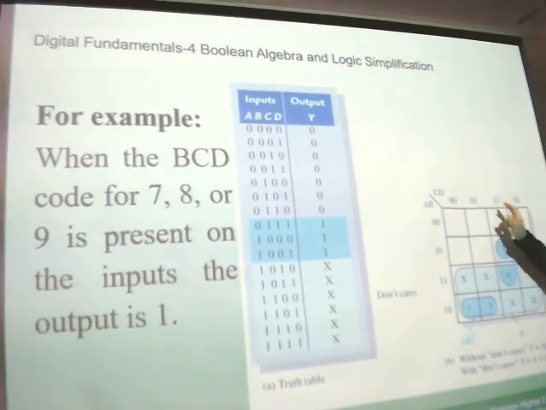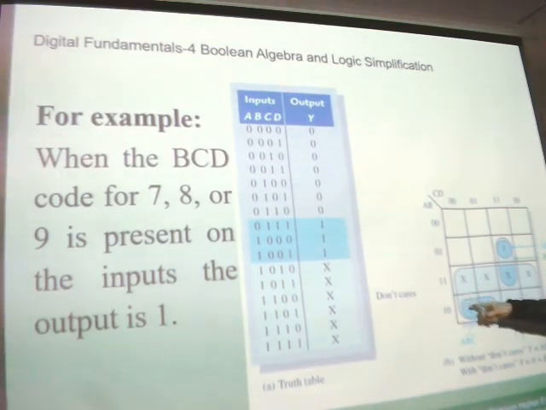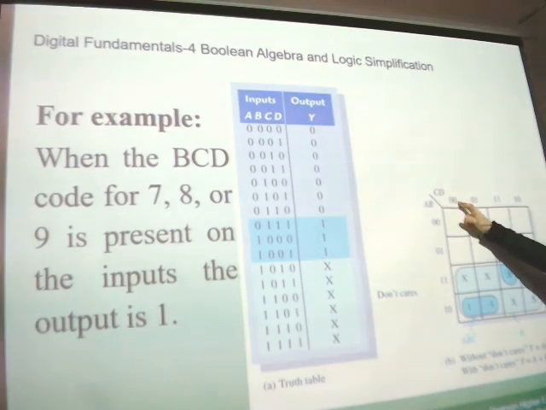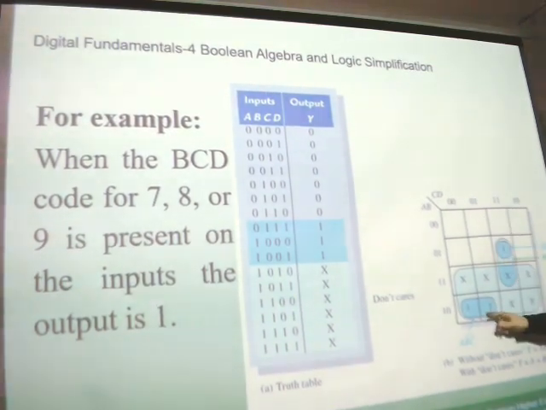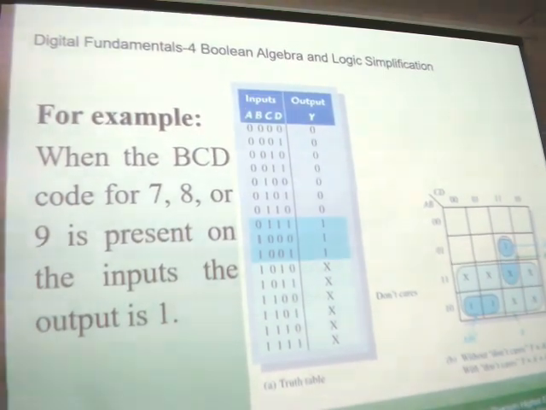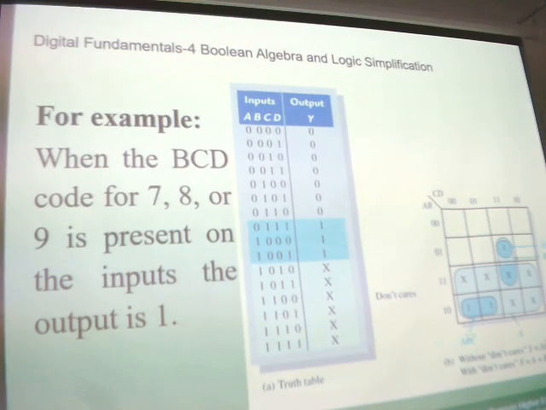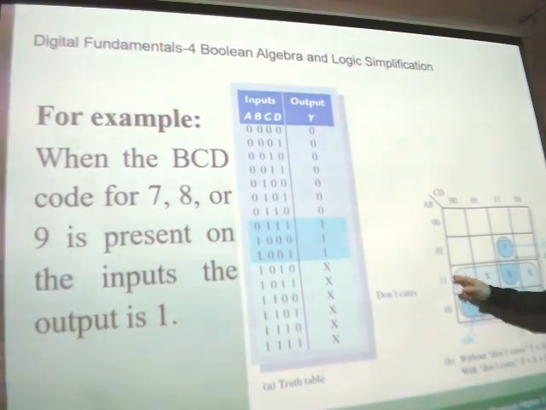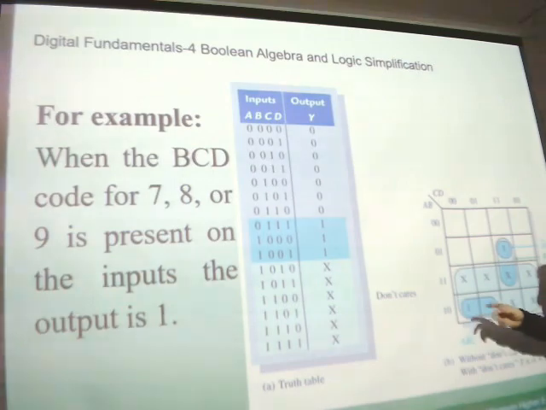C bar, C, so C must be eliminated. D, D bar, D, so D also must be eliminated. So the product term of this group is A.